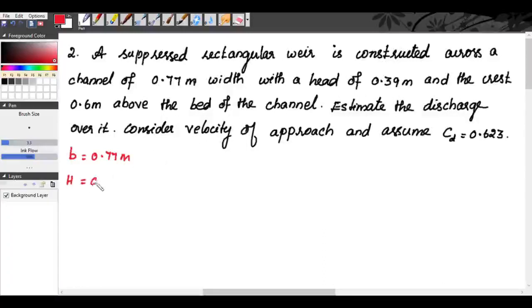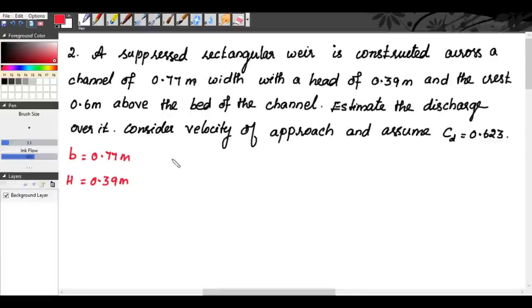So, H is equal to 0.39 meter and the crest 0.6 meter above the bed of the channel.